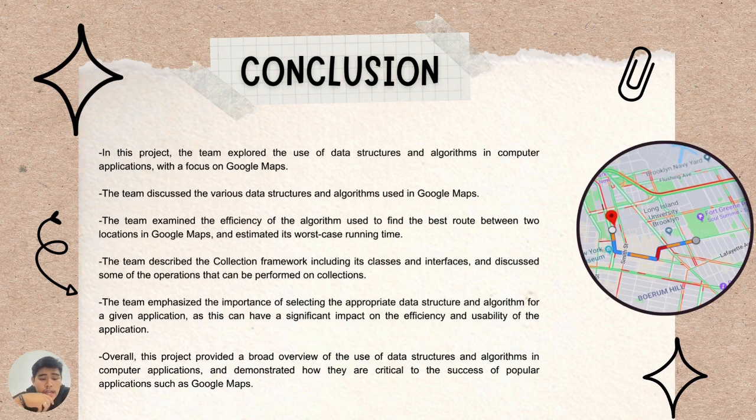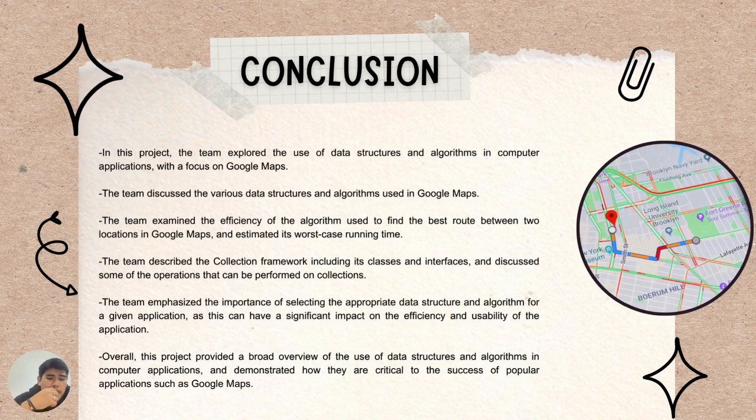Furthermore, the team described the collection framework including the classes and interfaces and discussed some of the operations that can be performed on collections. Next, the team also emphasized the importance of selecting the appropriate data structure and algorithm for a given application, as this can have a significant impact on the efficiency and usability of the application.